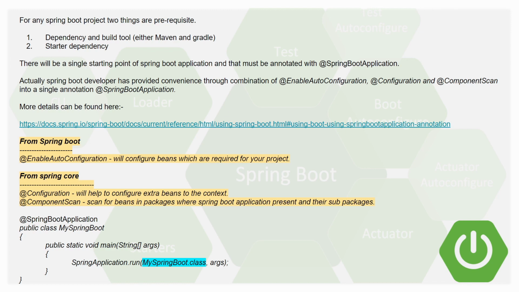There are 30-plus starter dependencies, and each starter dependency has a group of other dependencies. For example, if you want to develop a Spring-based web application, you just need to use the Spring Boot starter web.